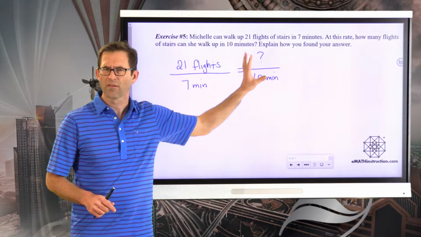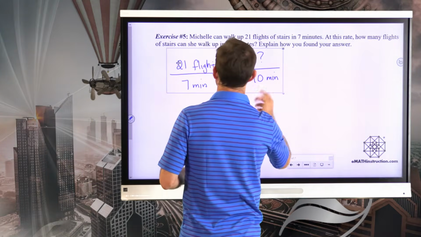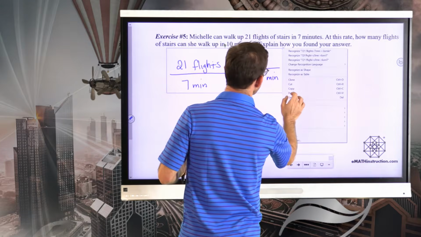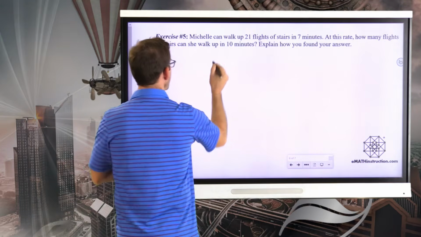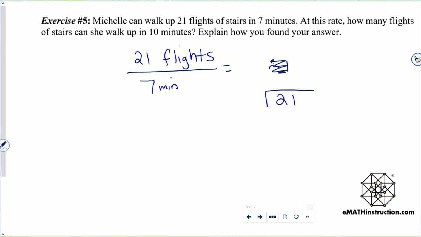Because for a second, forget about the 10 minutes, right? In fact, let me completely delete it all. At the end of the day, what we have is 21 flights per 7 minutes, which, of course, 21 divided by 7 is equal to 3, right?